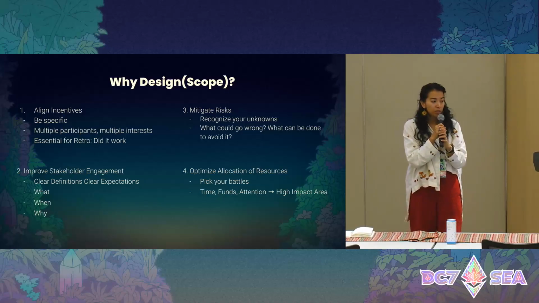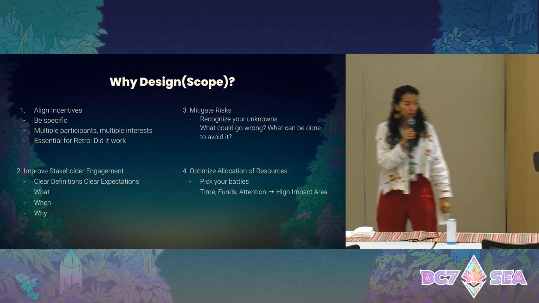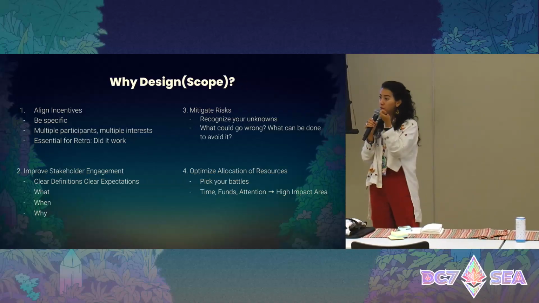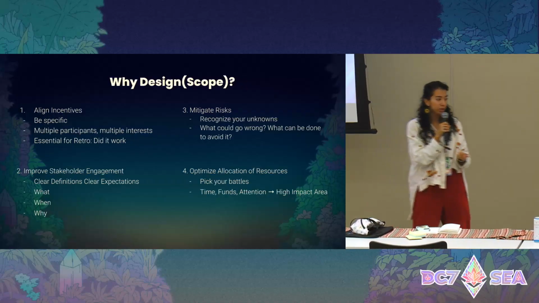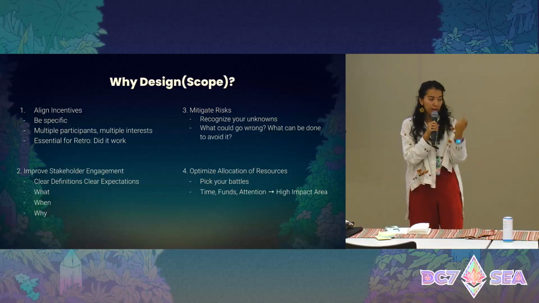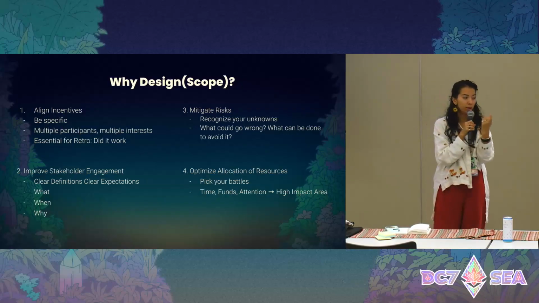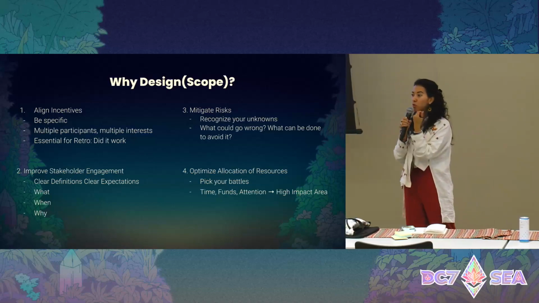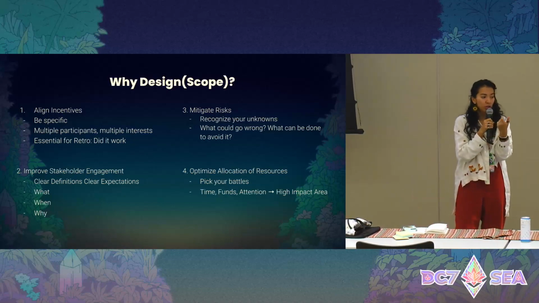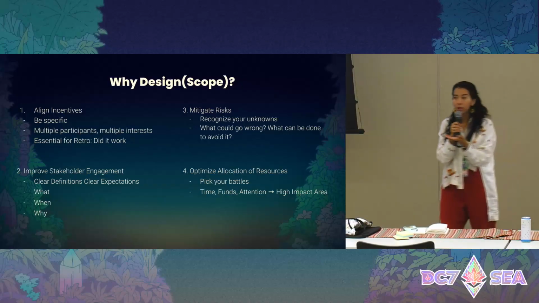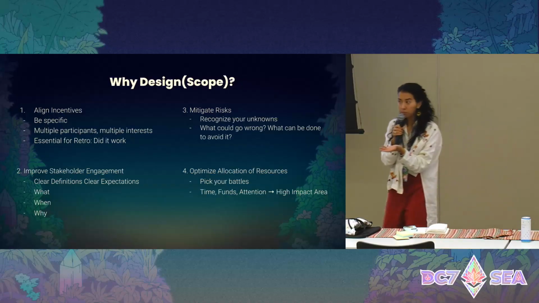So we want to be specific also around what the incentives are that we want to imbue in the community or in the ecosystem. And it's essential, as I mentioned, for knowing what the goal is going to be, essential for us to know if it worked.